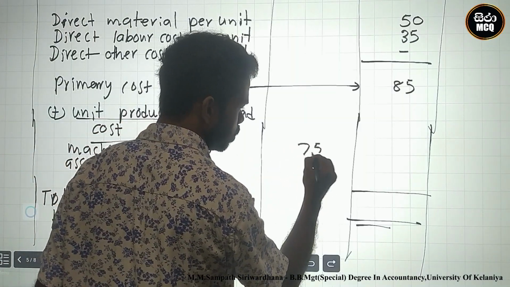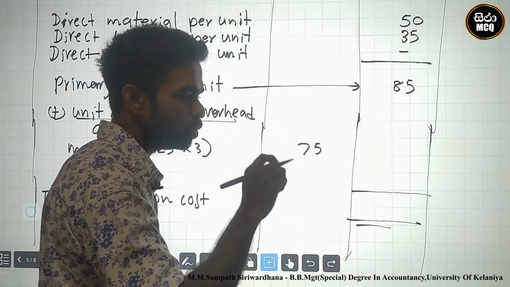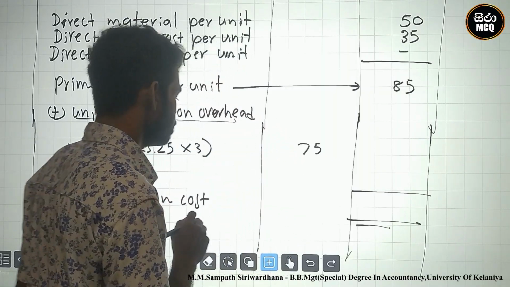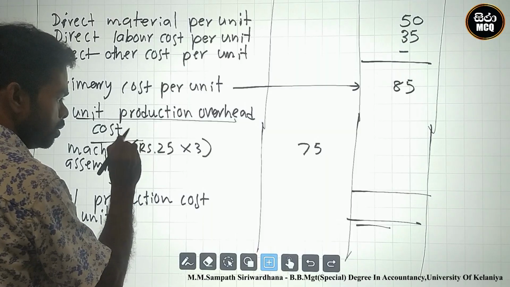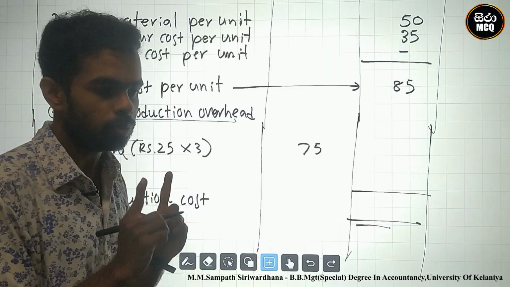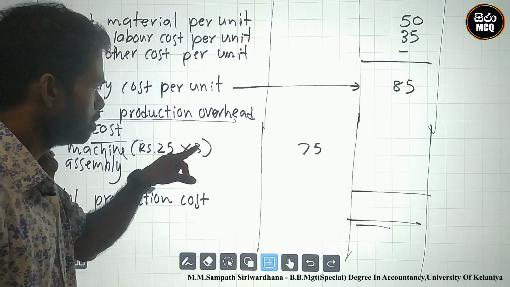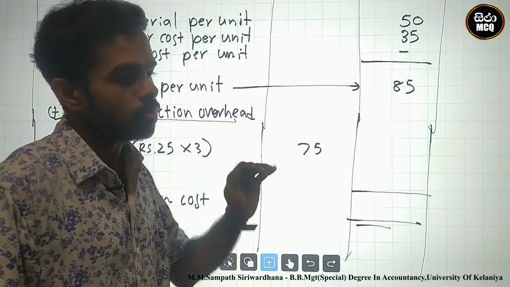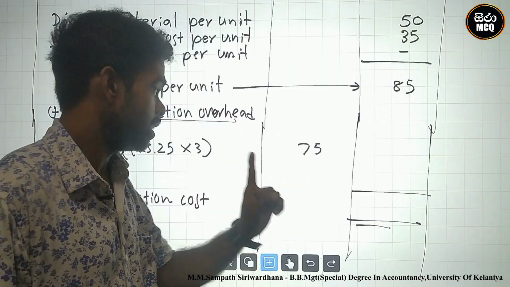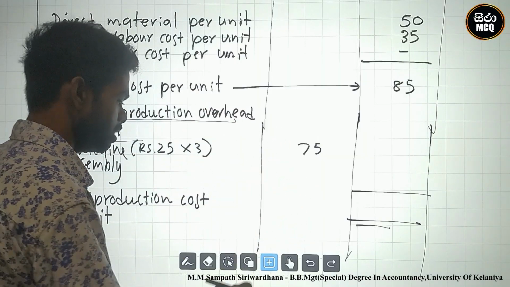There is 75 of overhead cost to be included in the production cost.